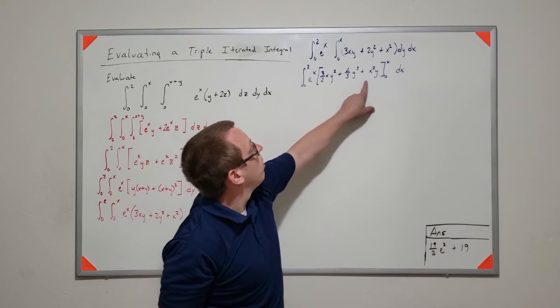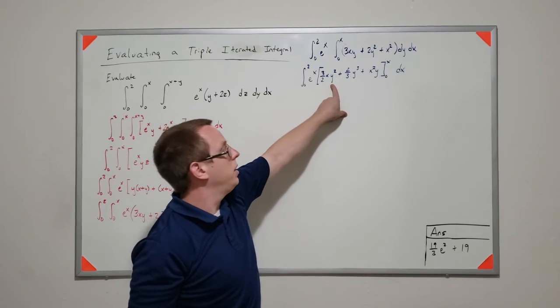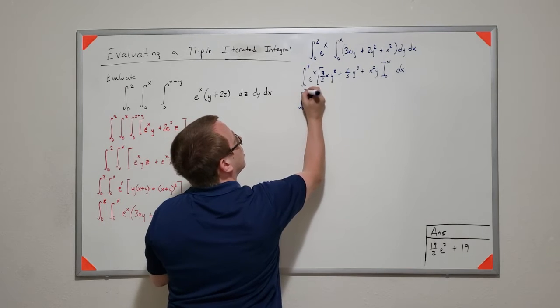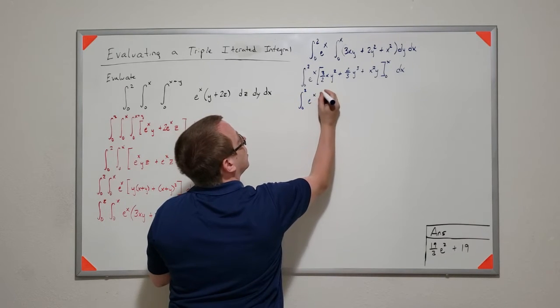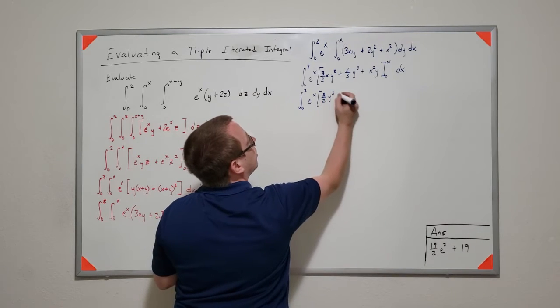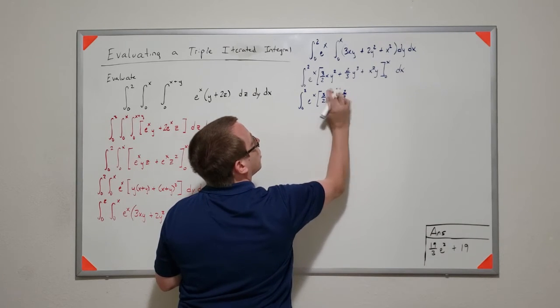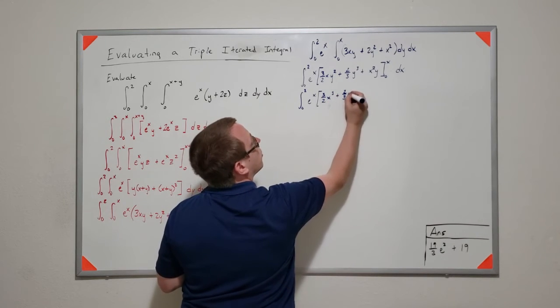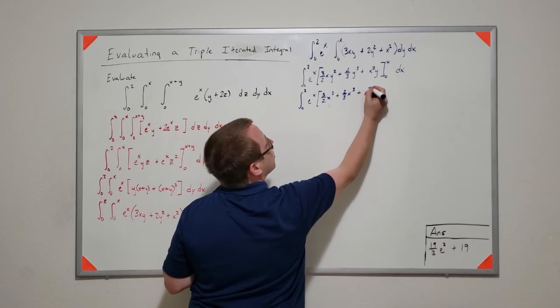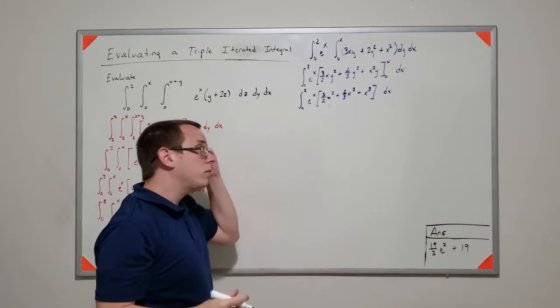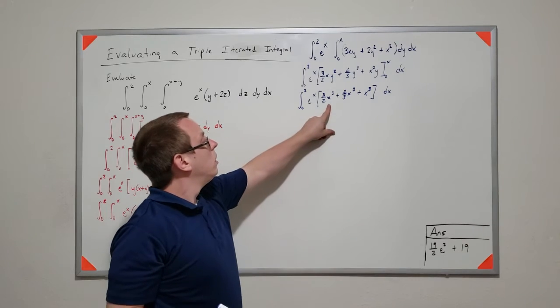So when y is 0, all of these three evaporate, but when it's x, I get 3/2 x cubed plus 2/3 x cubed plus x cubed dx.